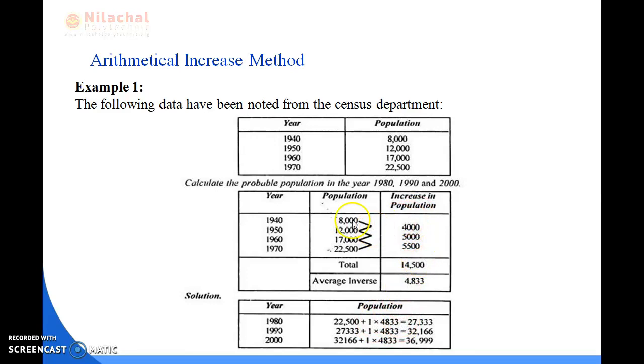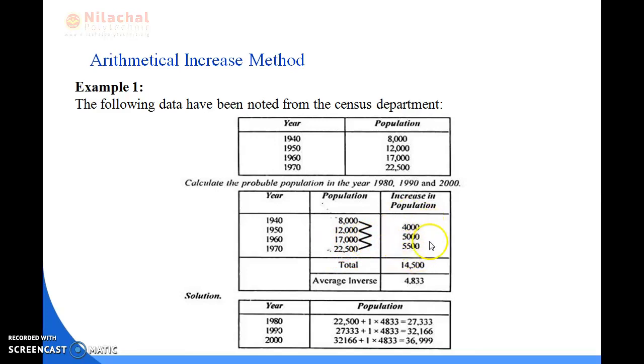How did we get the 4833? If we take P1 as 8,000, P2 as 12,000, P3 as 17,000 and P4 as 22,500, we subtract them while finding C. 12,000 minus 8,000 is 4,000, 17,000 minus 12,000 is 5,000, and 22,500 minus 17,000 is 5,500.